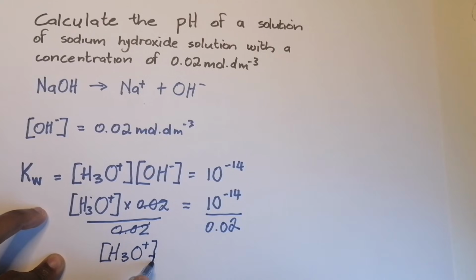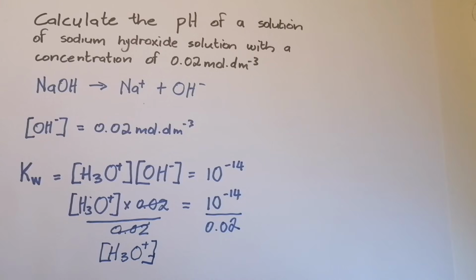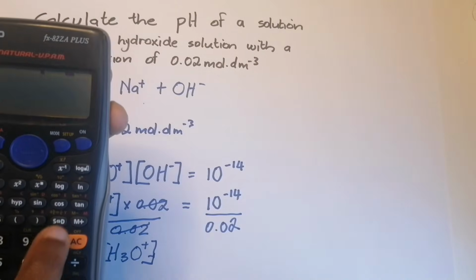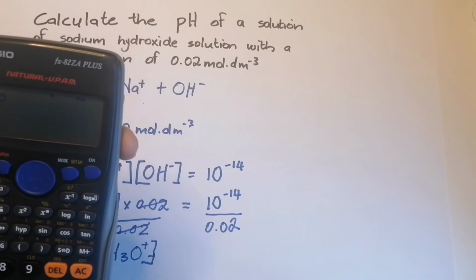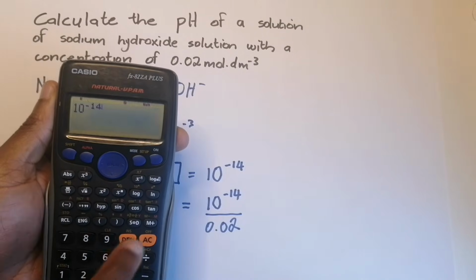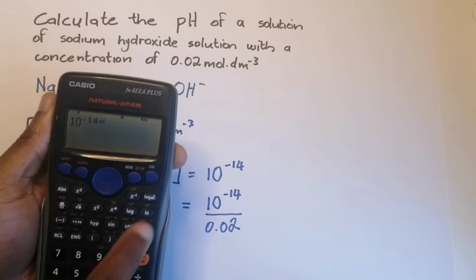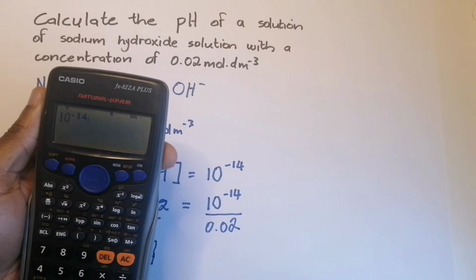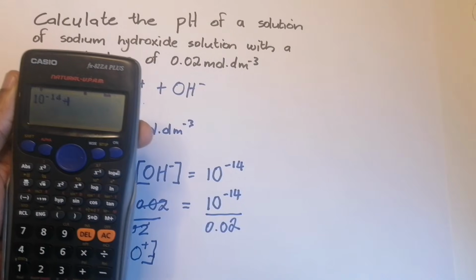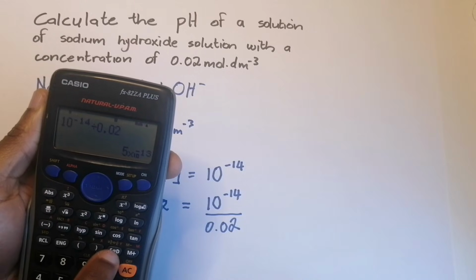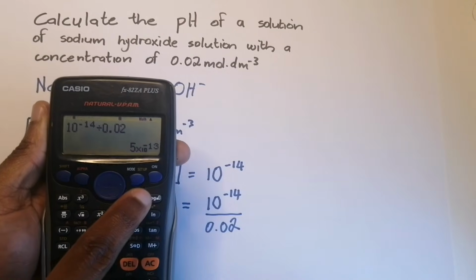So the H3O plus concentration, let me just take my calculator and say, well, this is 10 to the minus 14. So that's 10 to the power, negative 14, divided by 0.02. I get a value of 5 times 10 to the minus 13.